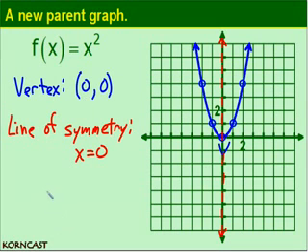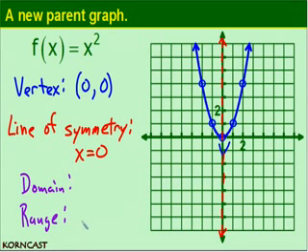The last piece of information I want to take a look at is the domain and range. If you recall, the domain are all x values of our graph. Since our graph is going up and to the right, as well as up and to the left and everything in between, our domain is going to be all x values, or -infinity to +infinity.